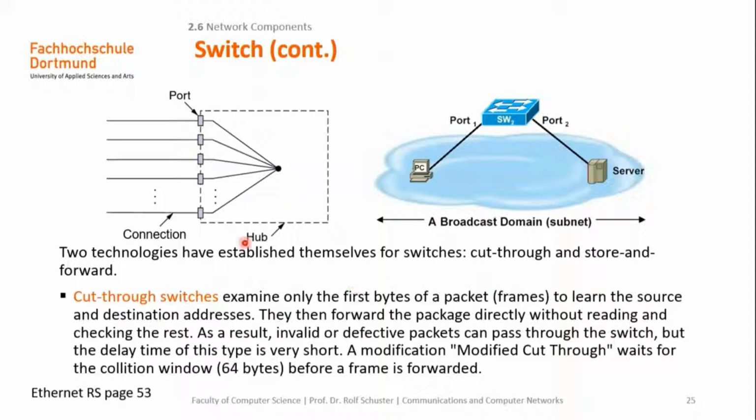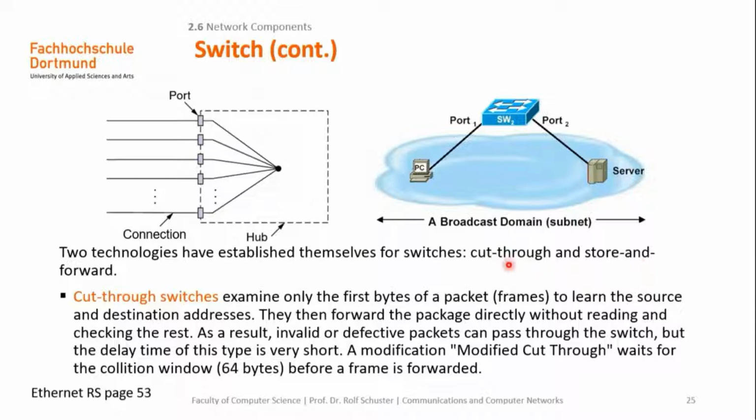And then, in the case of the use of switching hubs or a LAN switch, this device could perform two different functions. One is called cut-through, and the other is called store and forward.